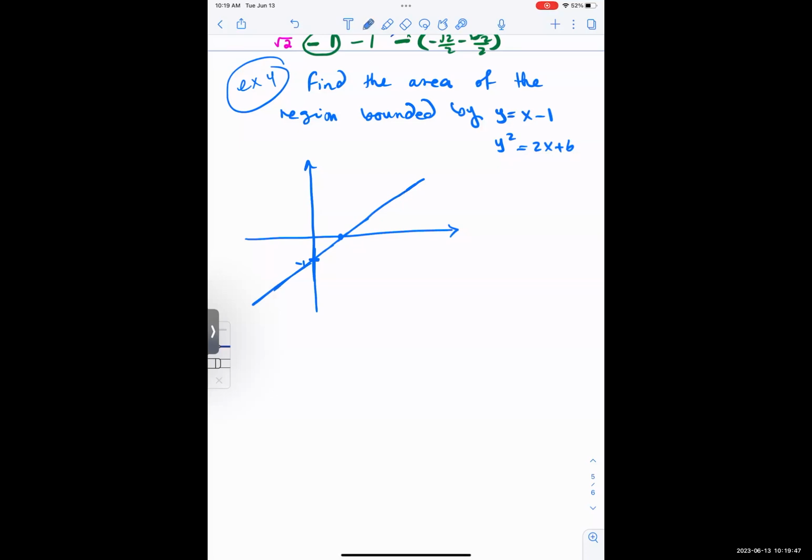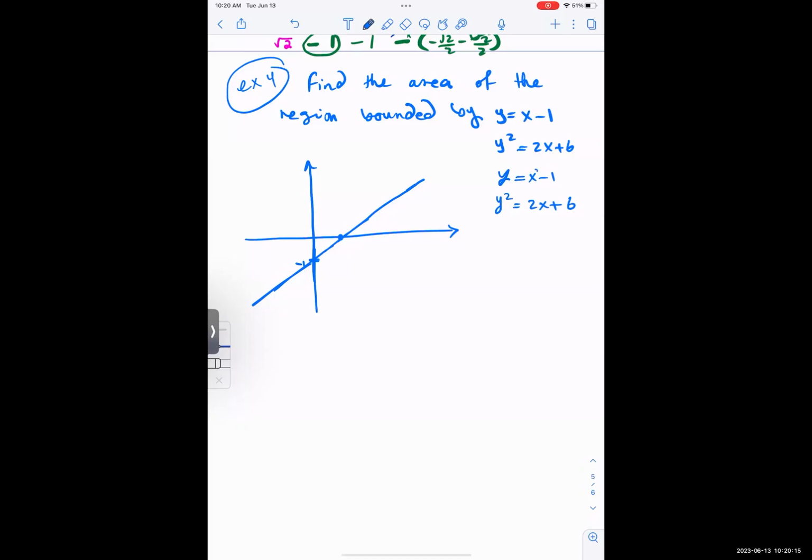So I'm going to put the two functions equal to each other, y equal to x minus 1 and y squared equal to 2x plus 6, so that I'm able to find the x's and y's where they are intersecting.